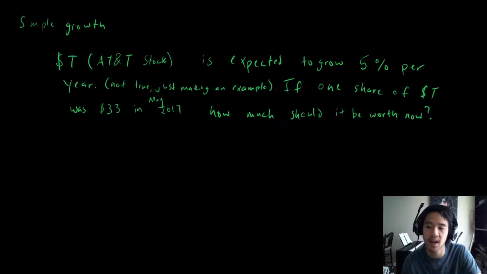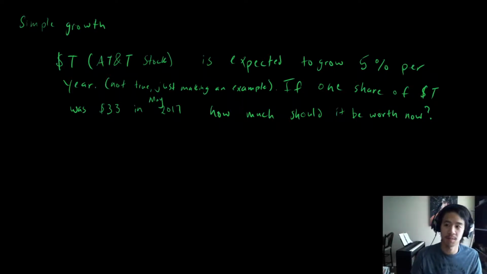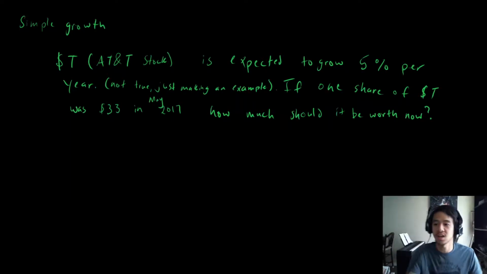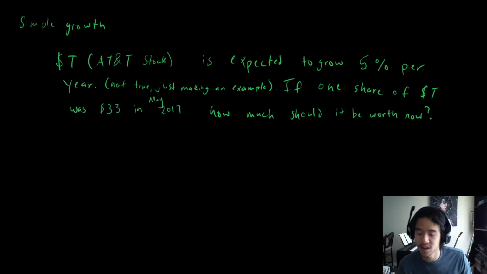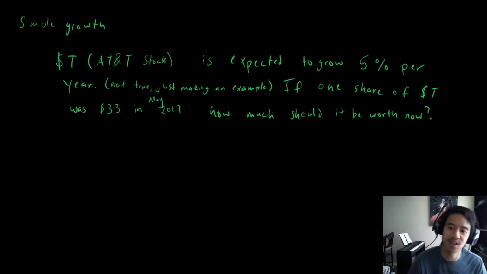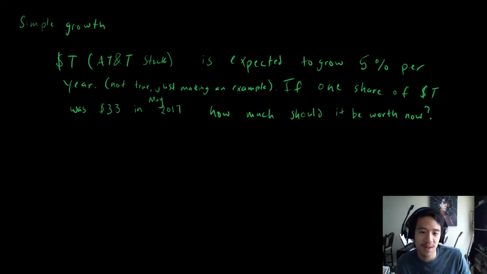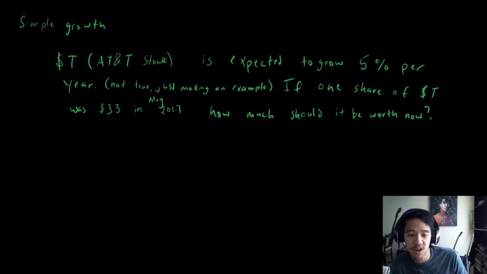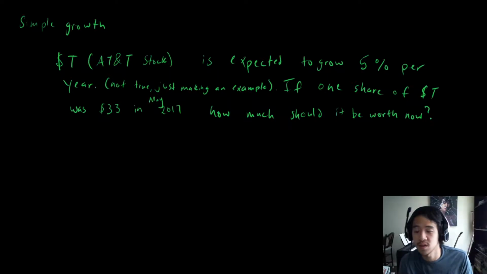All right, so we had a simple decay problem, and now this is going to be a simple growth problem. So let's read it. T is another way to say AT&T stock. It's expected to grow 5% per year. That's not true, just for the purposes of this problem. The price of one share of T was $33 in May of 2017.